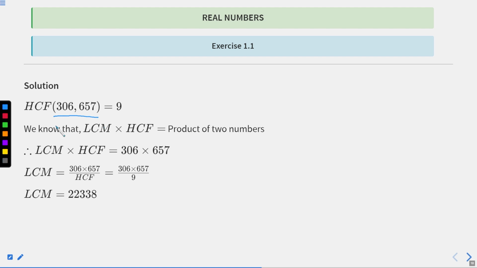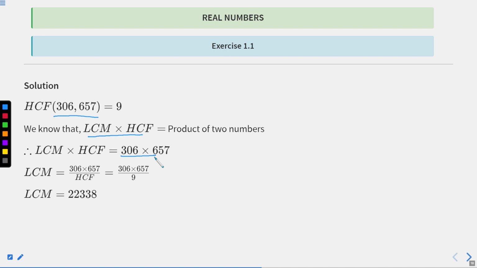We know that LCM into HCF is equal to the product of the two numbers, and therefore LCM into HCF is equal to 306 into 657. The HCF of 306, 657 is equal to 9.